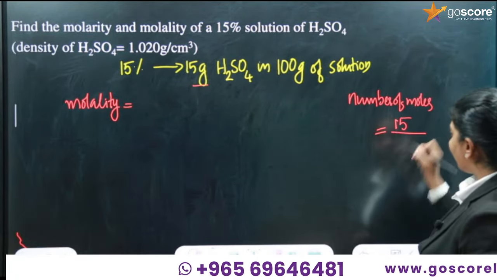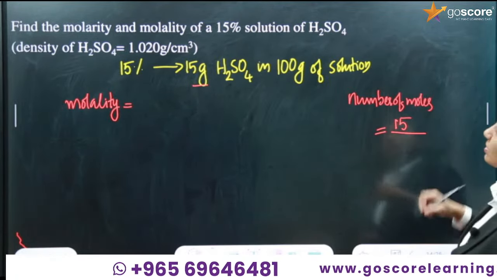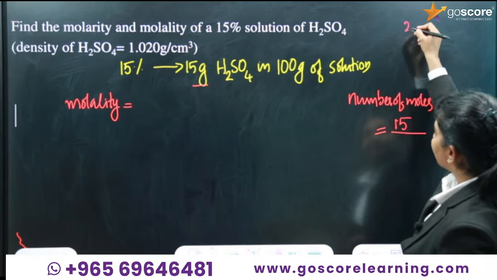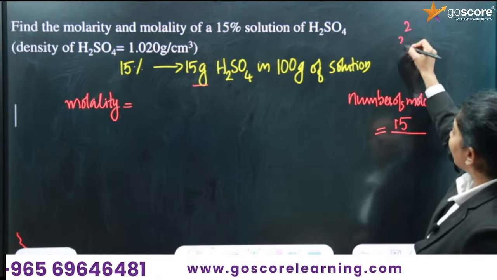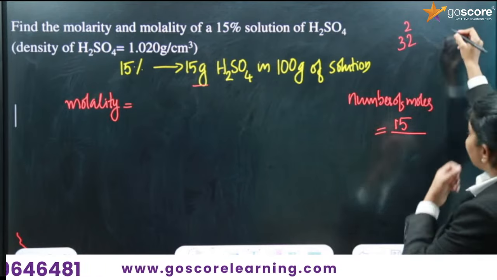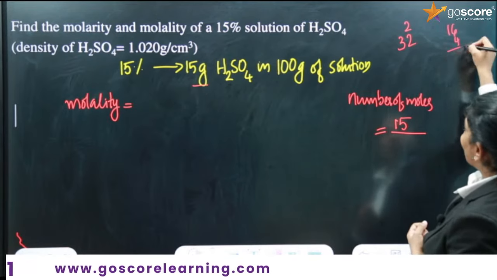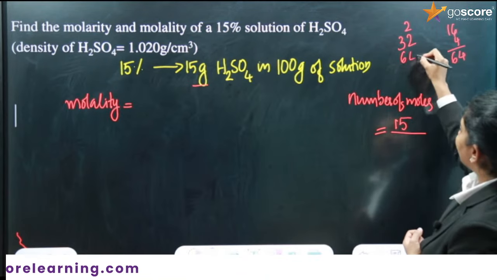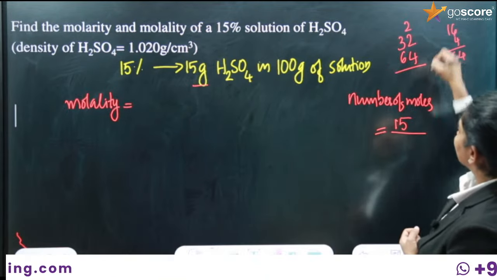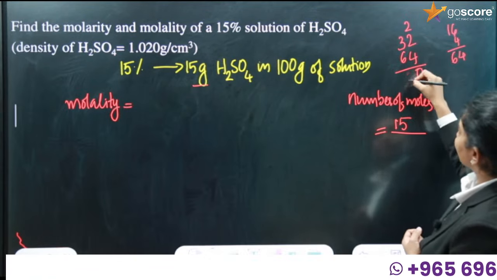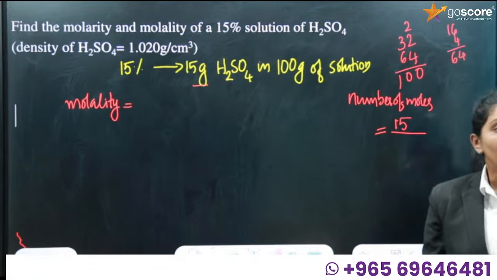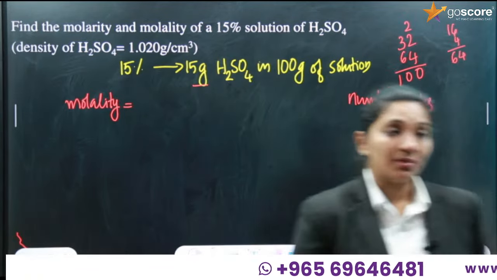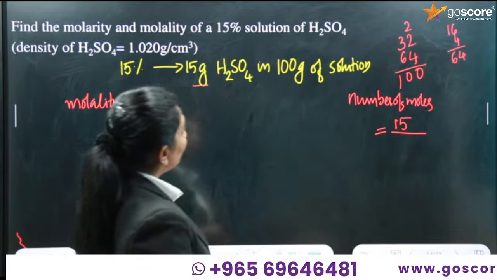So 15 divided by the molar mass of H2SO4. Hydrogen it is 2, sulfur 32 and oxygen 16 into 4, that is 64, right? So we will get 100 gram as the molar mass.